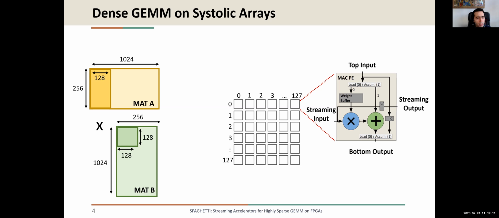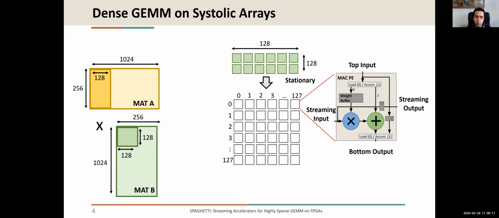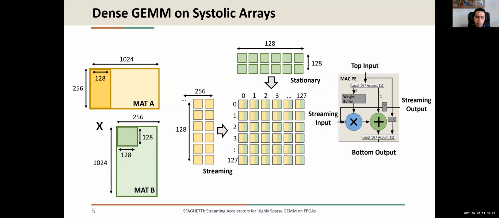We can take a tile from the left matrix A and another tile from the right matrix. In this example, we keep the right matrix stationary in the processing elements, and we send the left matrix into the processing elements in a streaming fashion, in this case from left to right.